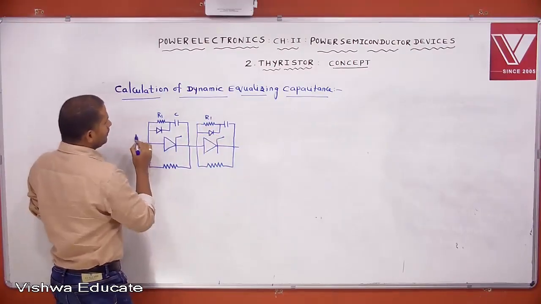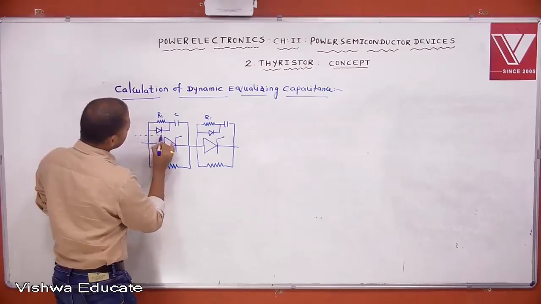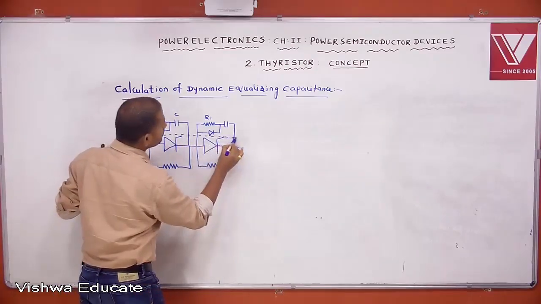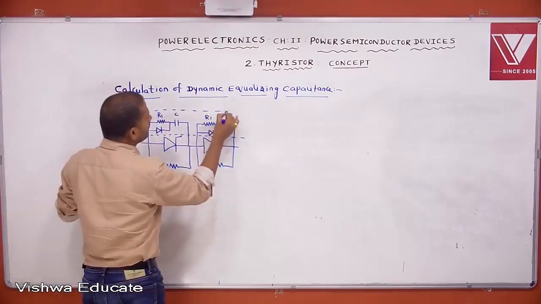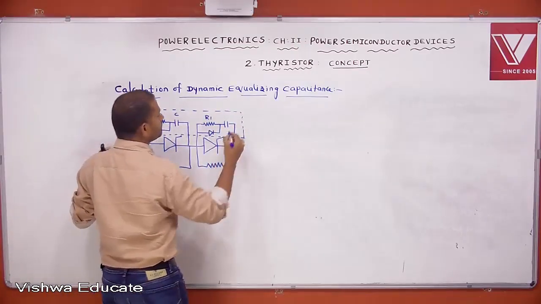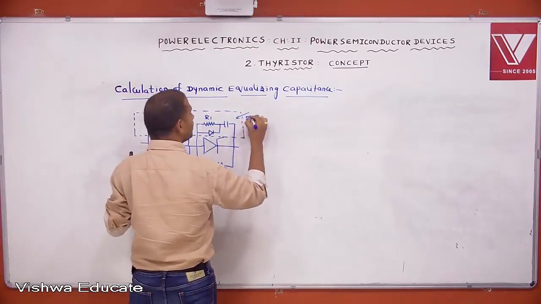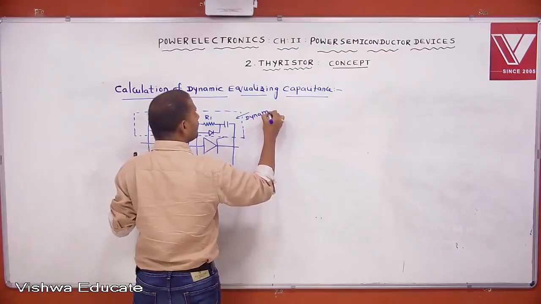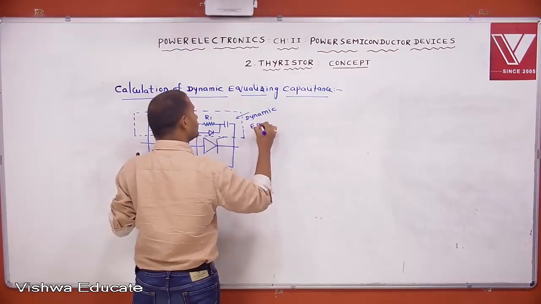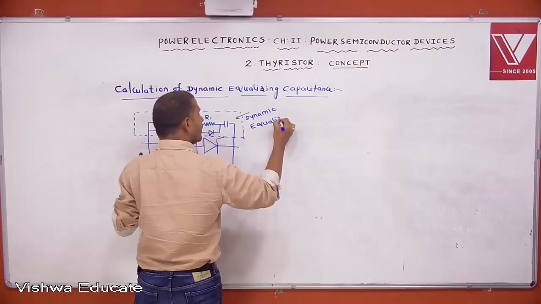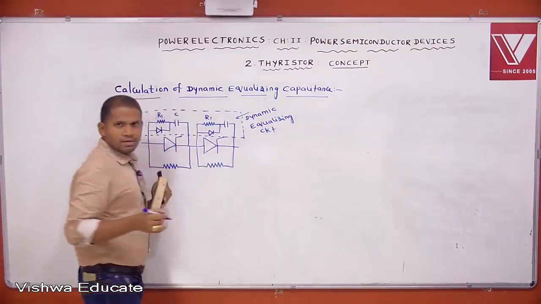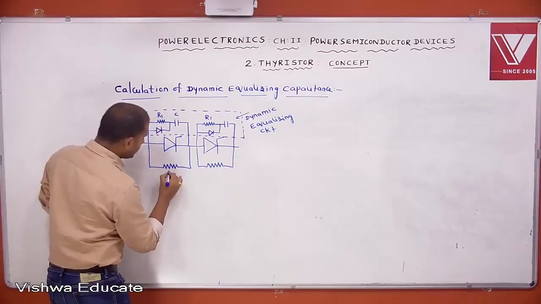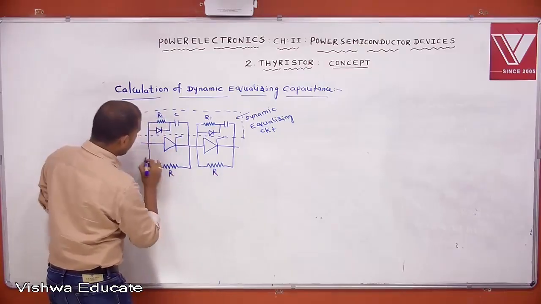This total circuit is called the dynamic equalizing circuit. Then what is this circuit called, with this R and this also R?